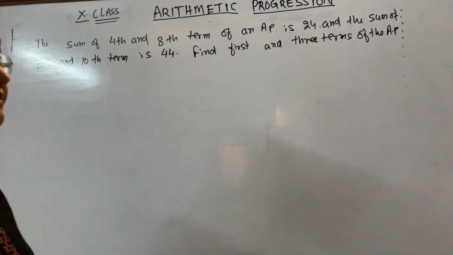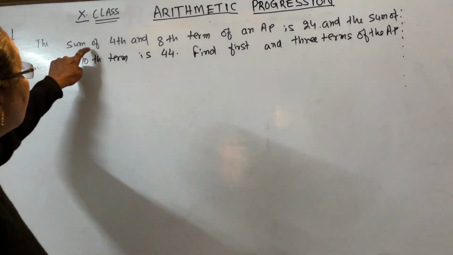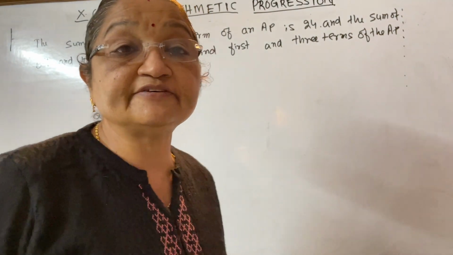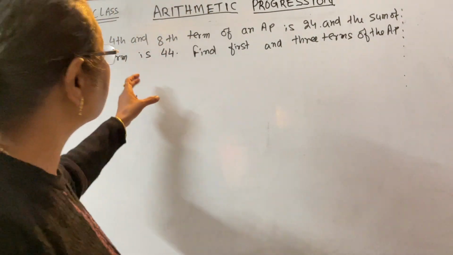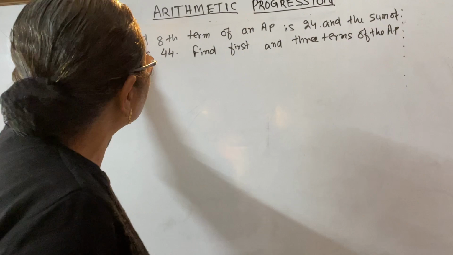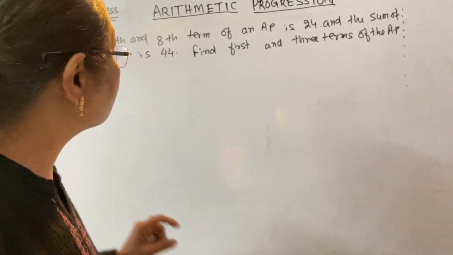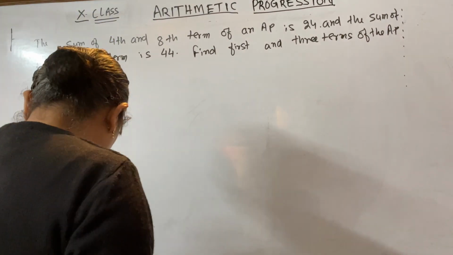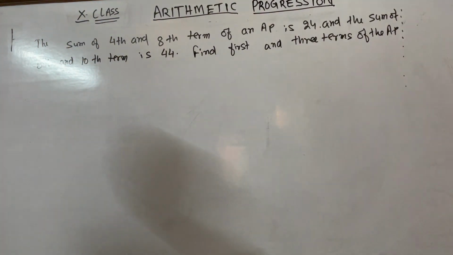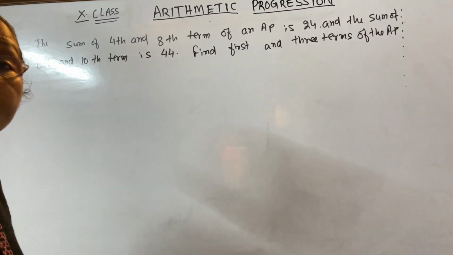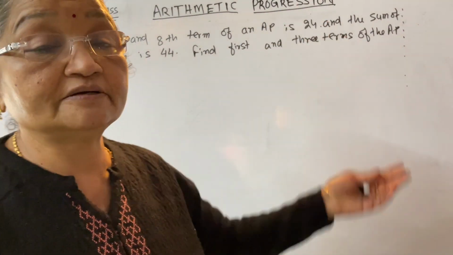Okay, next sum is what? The sum of 4th and 8th term of AP is 24. He has given what? The sum means adding. 4th term plus 8th term is how much is coming? 24. And the sum of 6th and 10th term is coming what? 44. Find the first and next 3 terms of AP.